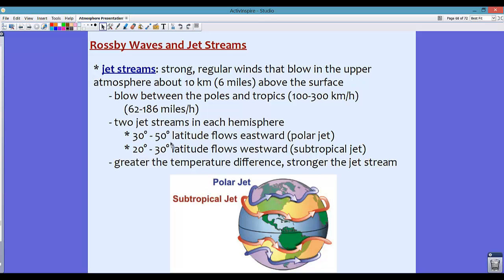Now between 20 degrees and 30 degrees latitude, both north and south, we have a subtropical jet, and this actually flows westward. Again, overall it's going to flow eastward, according to this picture. However, if you think about some of the storm development that happens in the summer, think of our hurricanes, think of the cyclones that form in the Pacific Ocean.